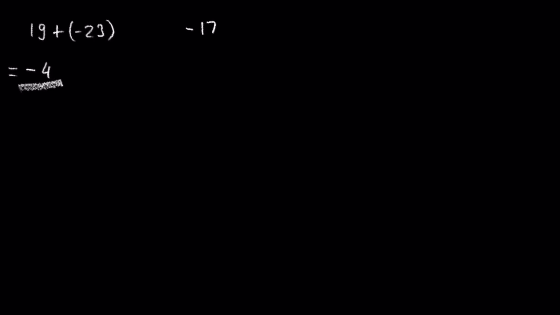Negative 17 plus negative 3. The signs are the same. Add the two numbers as if they were positive, and then attach the negative sign. 17 plus 3 is 20, and attach the negative sign.